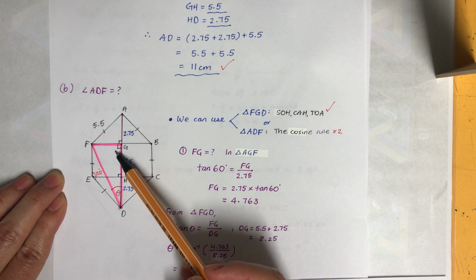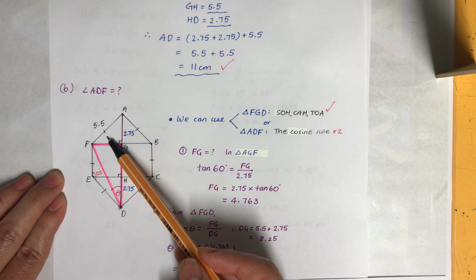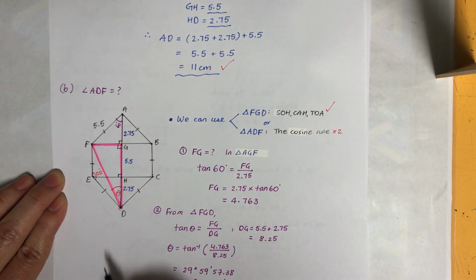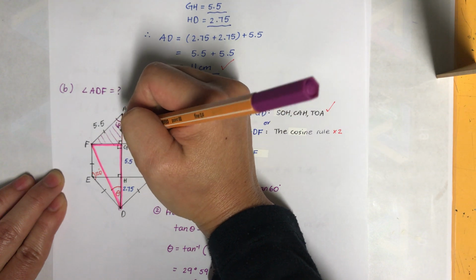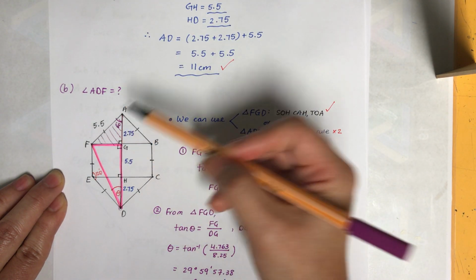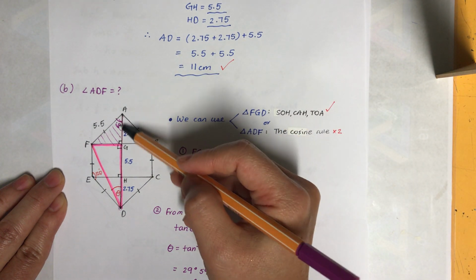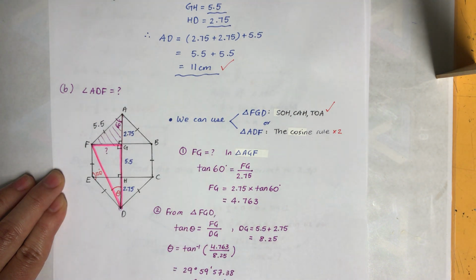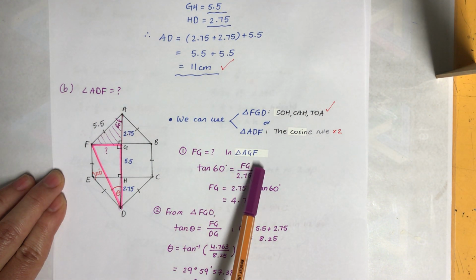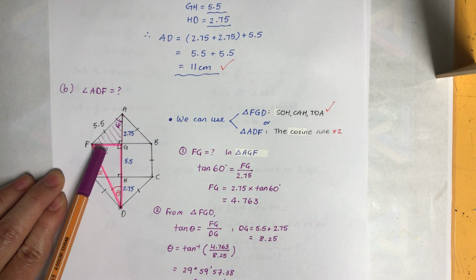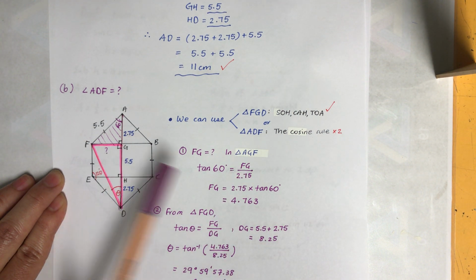So I'm looking at here, so that will be my 60, and I'm looking at this triangle. That's 2.75, that's 7.5, and that's 10. That's the question mark I'm looking for. So tan 60 is FG over 2.75. So the length is 4.763.